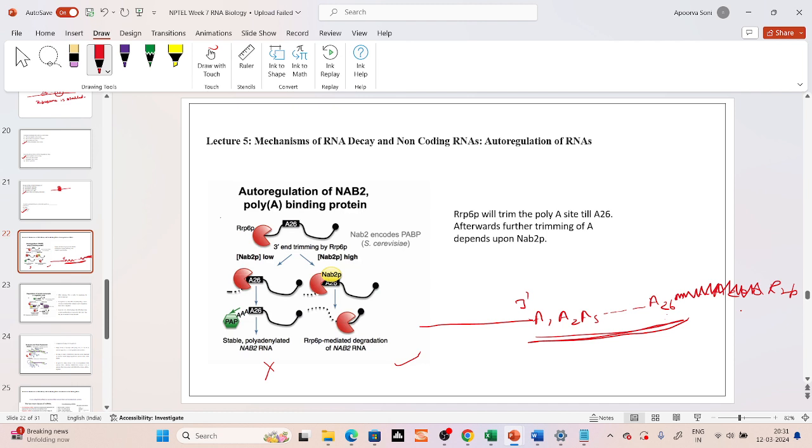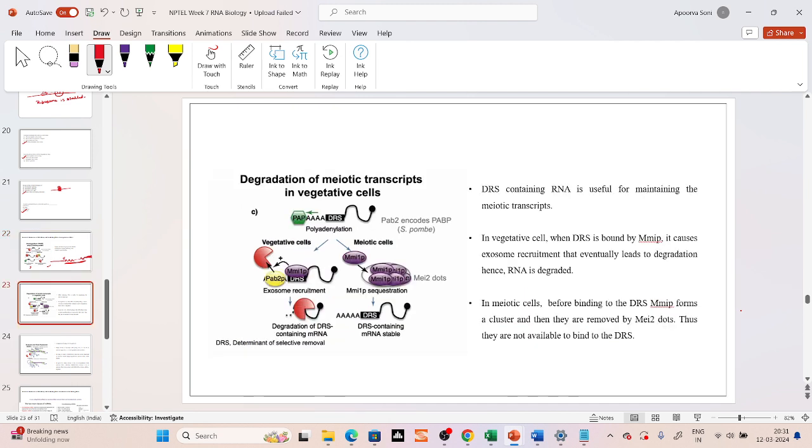Okay. Then we come to degradation of meiotic transcripts in vegetative cells. Now, what is the meaning of this? So basically, you understand that there are two types of cell divisions that occur. First one is a mitotic division, and second one is a meiotic division.